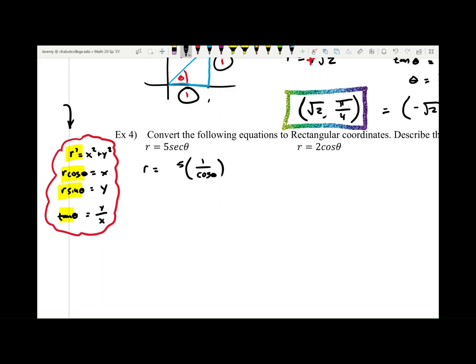And if I multiply both sides of the equation by cosine theta, I get r cosine theta is equal to 5. And check it out: r cosine theta, I know from right here that I can just replace with an x. So x is equal to 5.